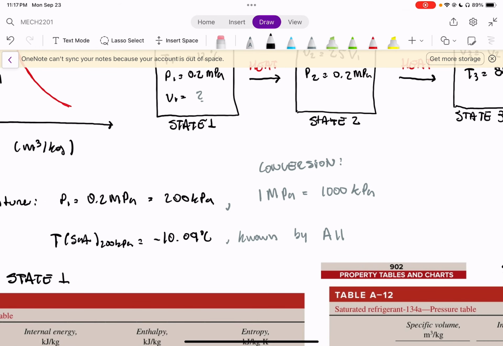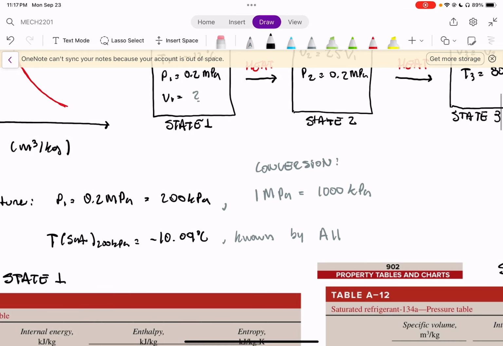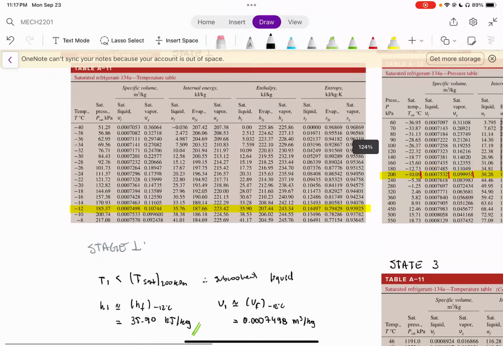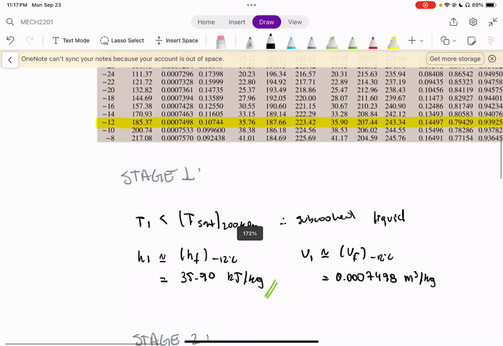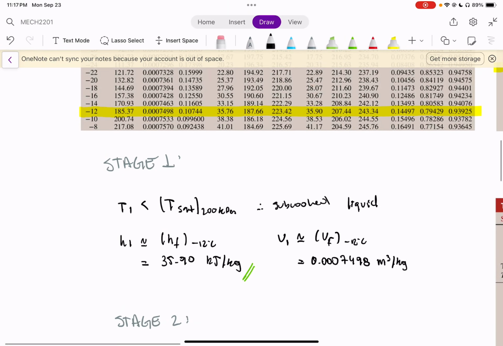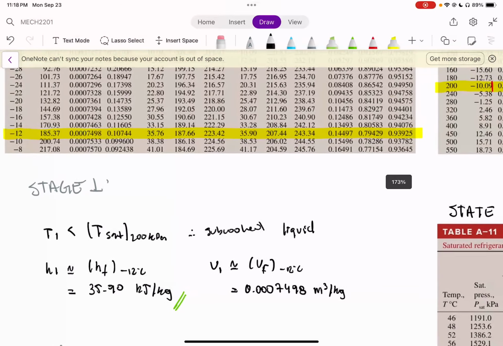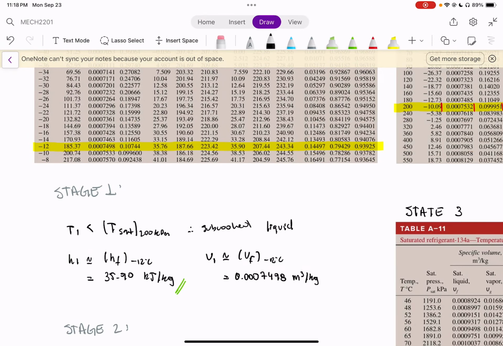megapascals, which converts to 200 kilopascals, and this is the conversion. So here we can look at stage 1, where temperature 1 is less than the saturated temperature at 200 kilopascals, which would mean that it's a subcooled liquid.